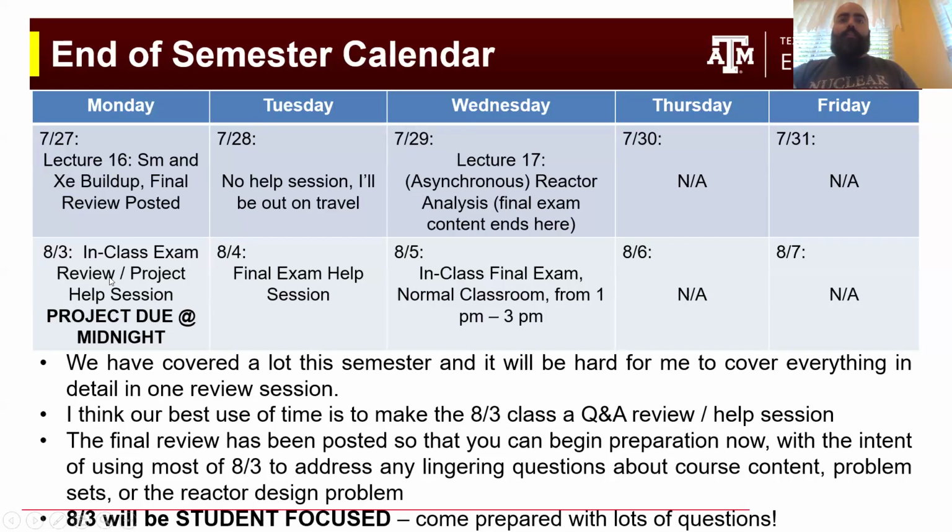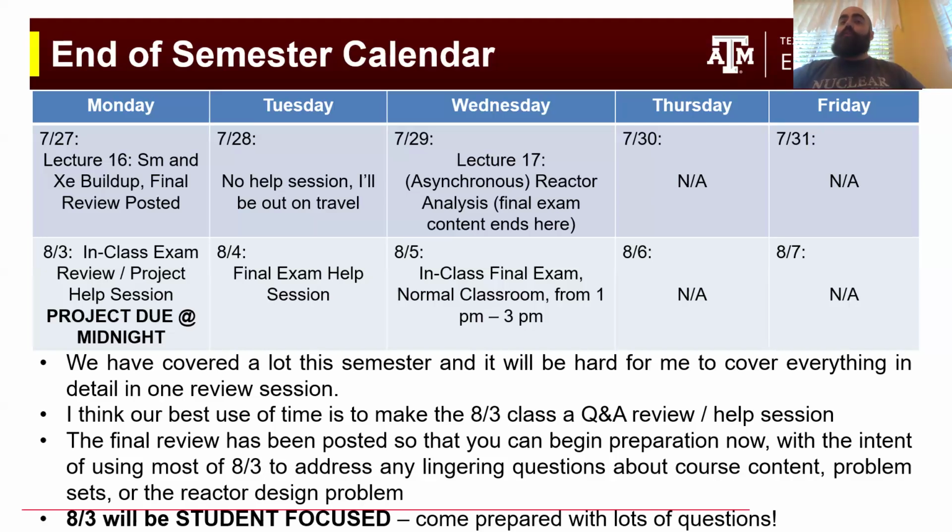When we come back to class on Monday, that will be our last class before the final. The review for our final exam and the formula sheet for our final exam have already been posted. You can find those on our Google Drive. Make sure that you are staying on top of those things. Before you come to class on the 3rd, you should have already gone through the review, at least read through it.